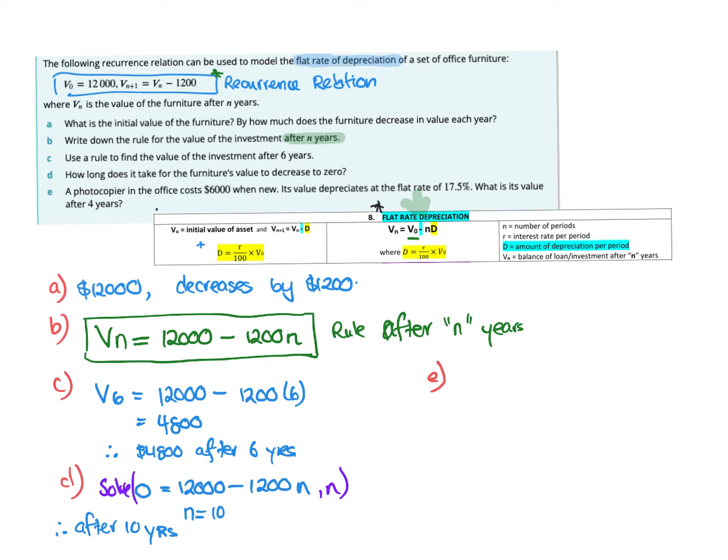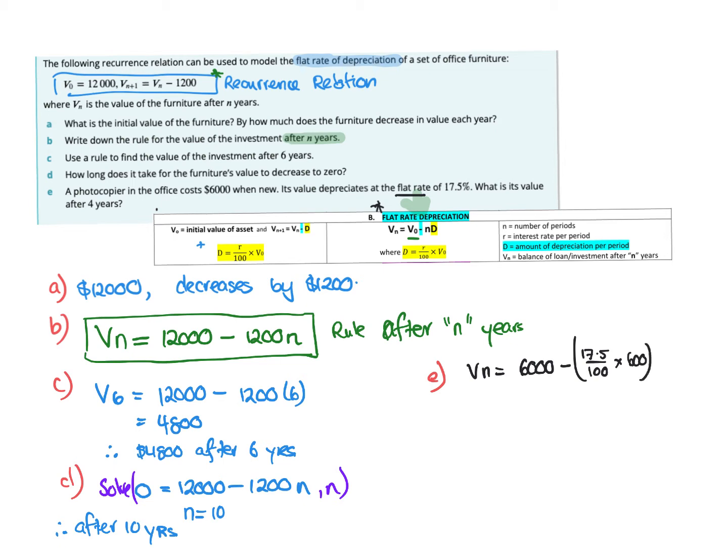So here, we're using flat rate, and we want to use the nth term formula. So here's where you can just quickly work it out, the nth term formula. So 6,000 was V0, and we're going to do the d value, which is 17.5 over 100 times V0.